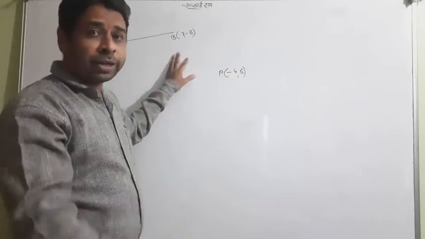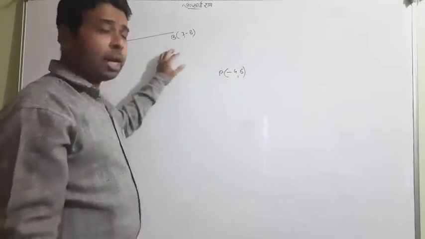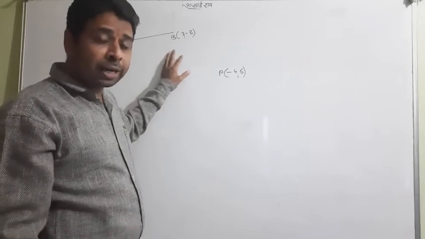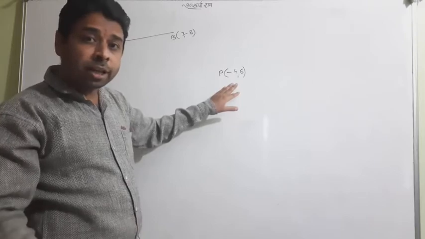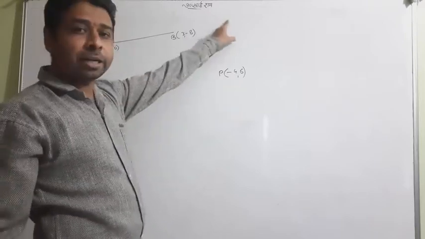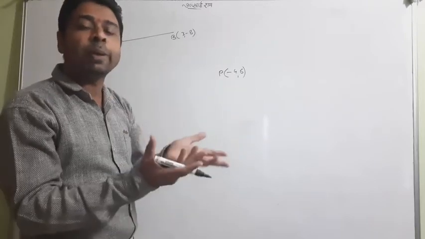So one question rising here is that P is dividing AB in which ratio? I don't know at that time whether P is dividing internally or externally, meaning P is inside or outside, because till now I don't know the ratio.